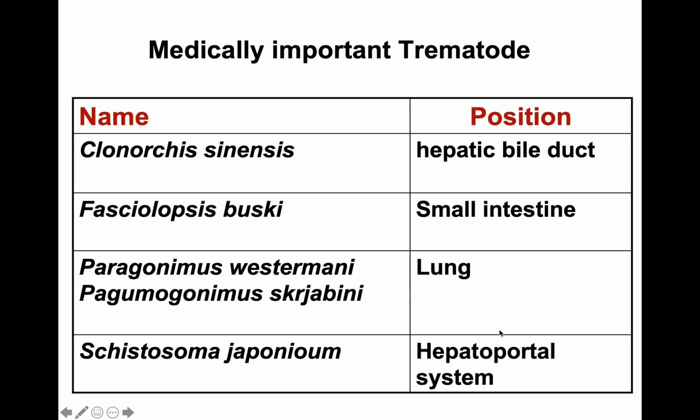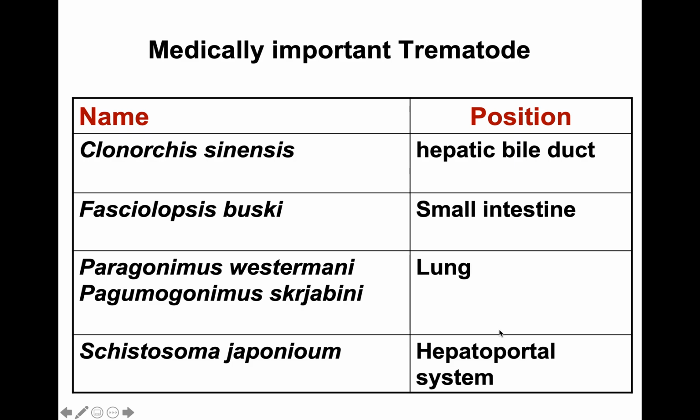There are 4 kinds of flukes we're going to talk about. Their scientific names are on the left, and where they live inside the human body is listed on the right.